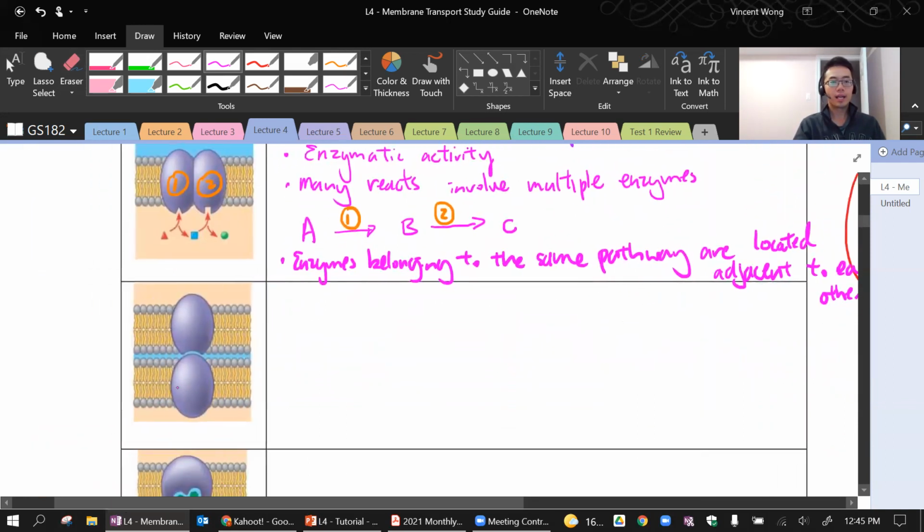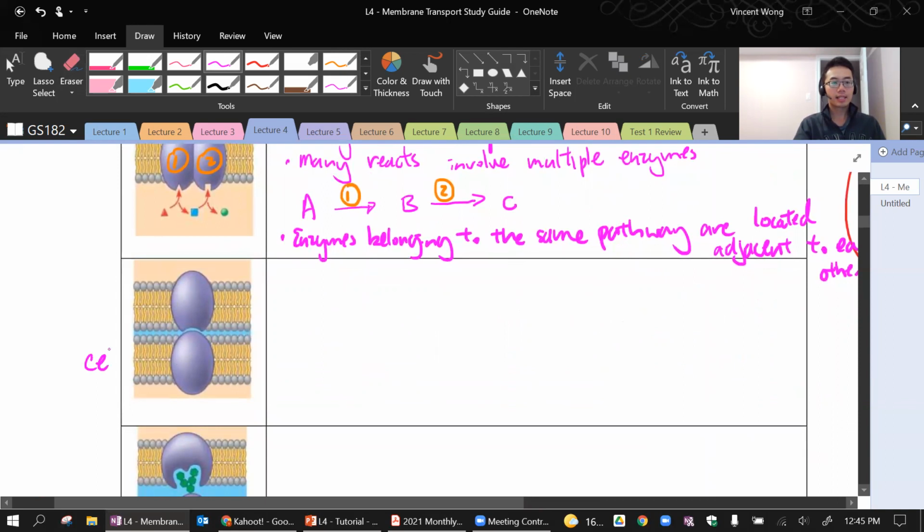Moving on, we have two cells here. This is cell number 1. This is cell number 2. What happens is there's a membrane protein on one and then on the other, and these could stick to each other. Think of them as little Velcros. When they're close to each other, they stick. We call that formation of cell junction.